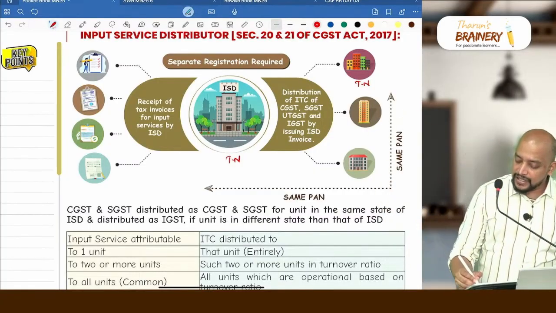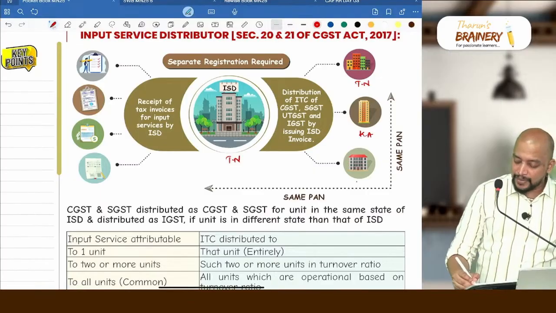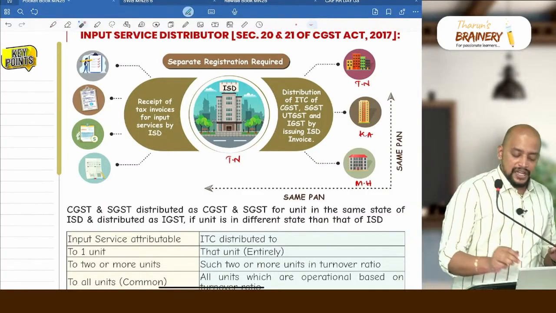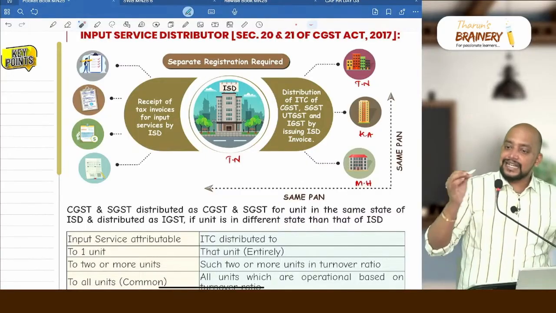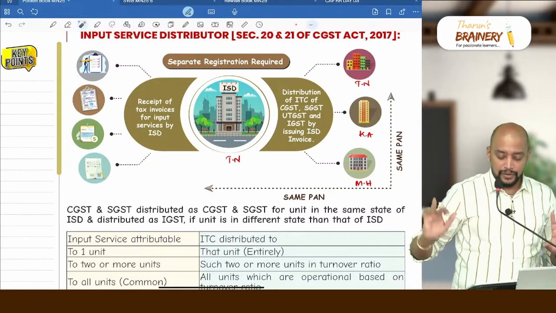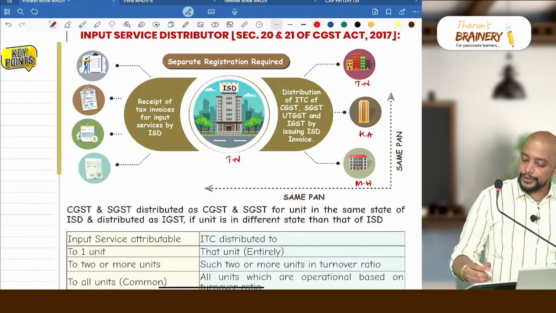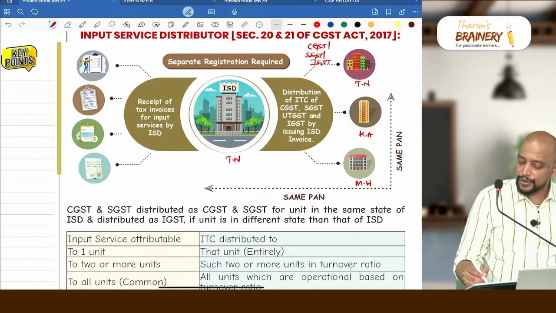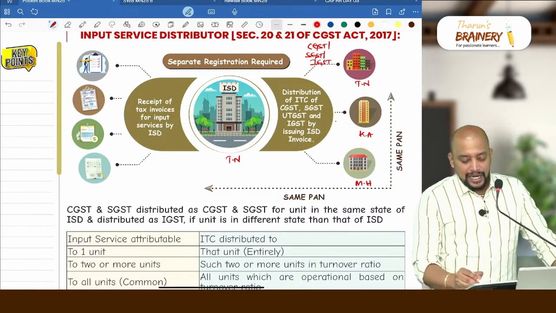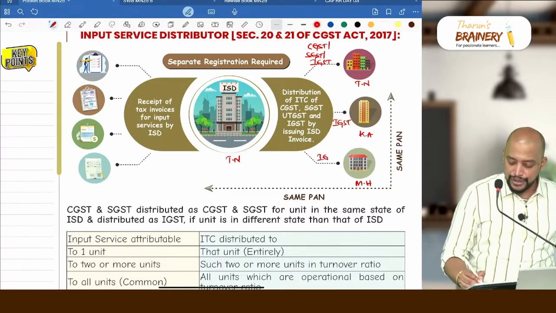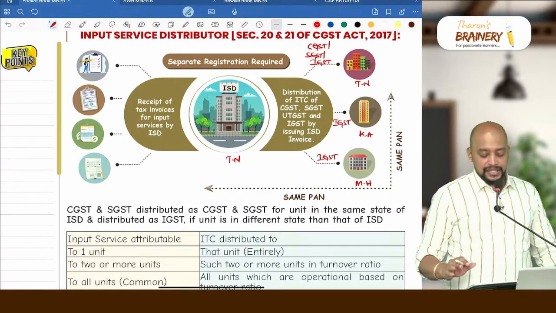Suppose the branch is located in Karnataka or Maharashtra, then in that case what will they do? They will distribute CGST, SGST, IGST, everything as IGST only. Okay, so to Tamil Nadu, CGST, then SGST, then IGST will be distributed like this, whereas to Karnataka and to Maharashtra, it will be distributed only as IGST.